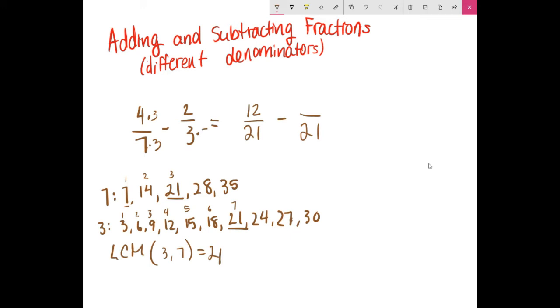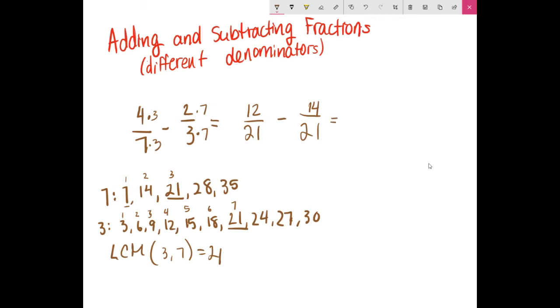So we multiply 3 by 7, and 2 in the numerator by 7. 2 times 7 is 14. So our new fractions that are equivalent to our original fractions, 4/7 minus 2/3, are 12/21 minus 14/21.